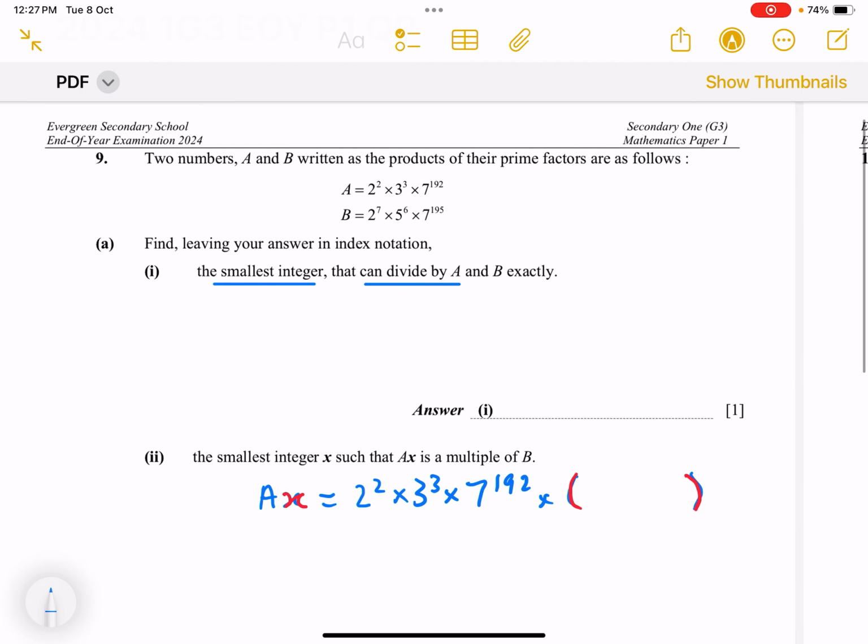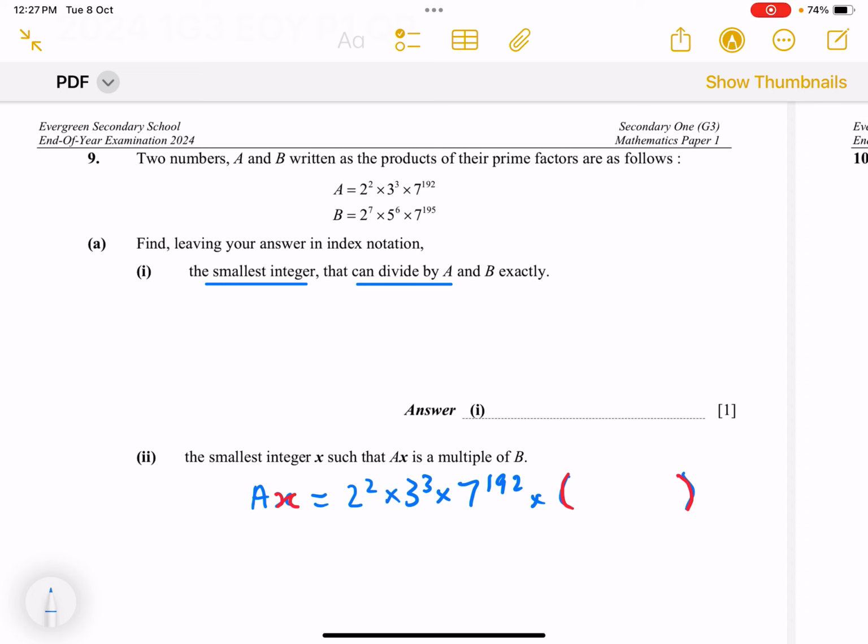Now, we have a sum on HCF and LCM and multiples and factors. We need to find the smallest integer that can be divided by A and B. So it must be a number that has the factors of A and B, right?